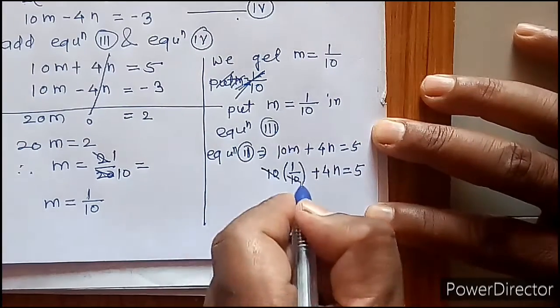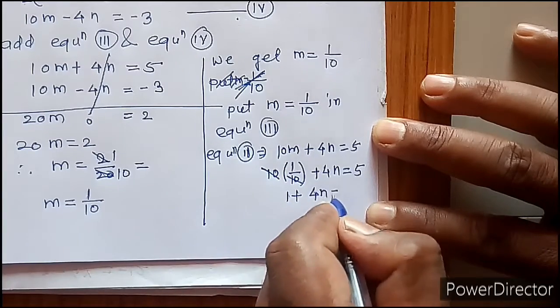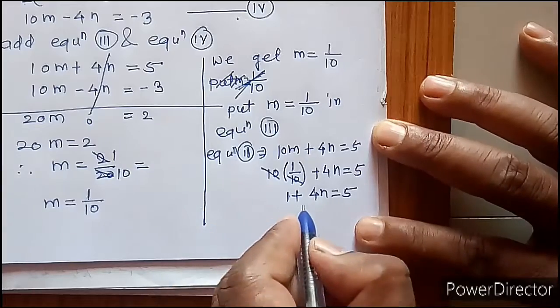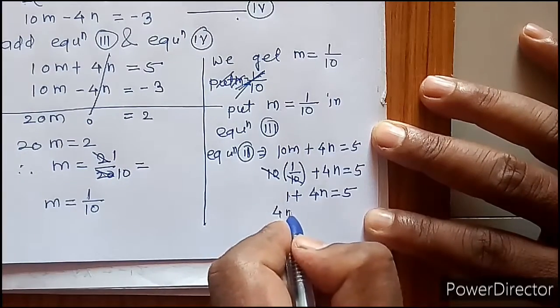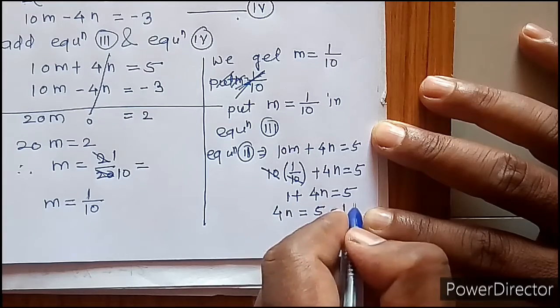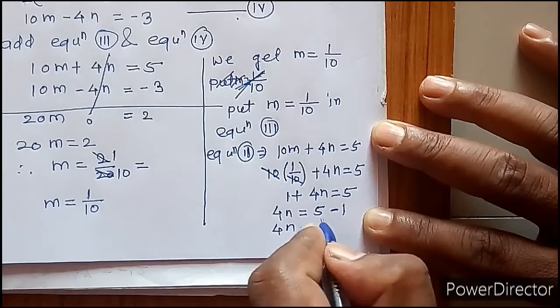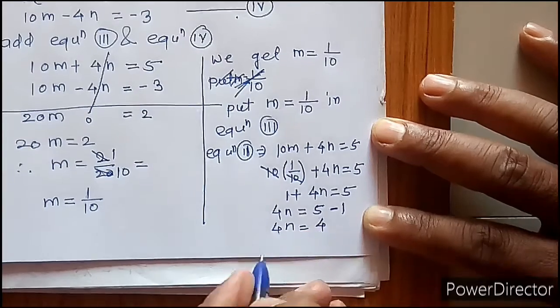Now this 10 and 10 get cancelled, and remains only 1 plus 4n equals 5. Now 4n will be equal to 5 minus 1, as the 1 is shifted to the right hand side, so 4n equals 4.